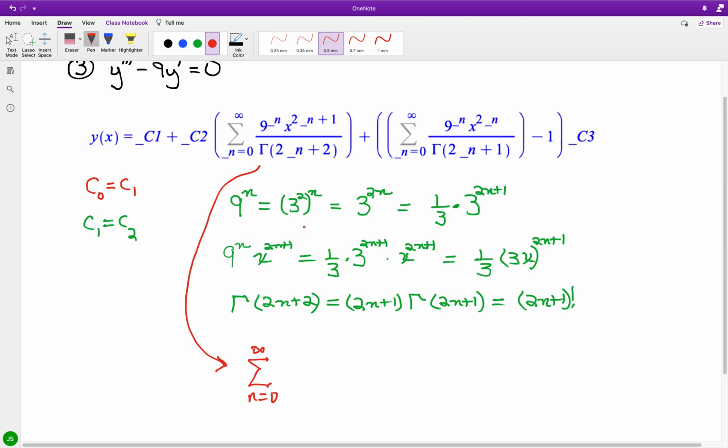Okay, what's going to happen here? You have 9 to the n, x to the 2n plus 1, and I'm going to put the 1/3 on the outside. And you have 3x raised to the 2n plus 1, and in the denominator, we have 2n plus 1 factorial.